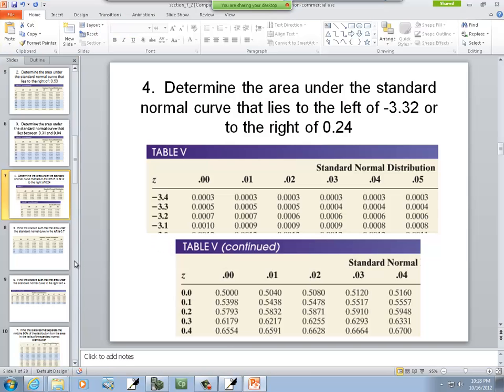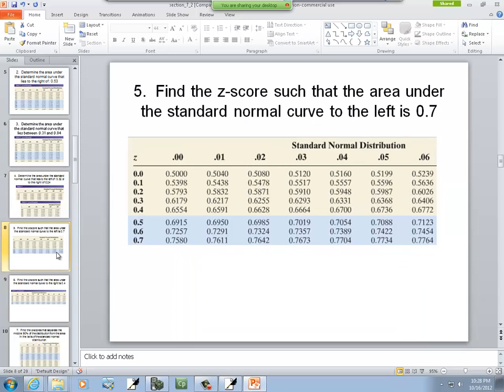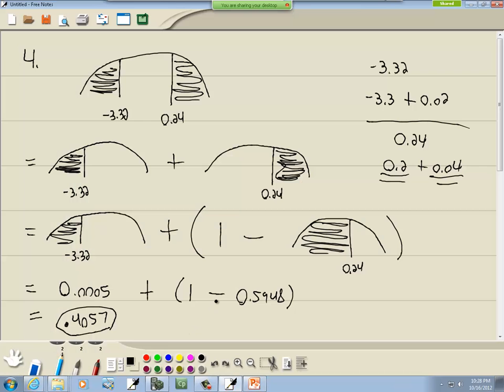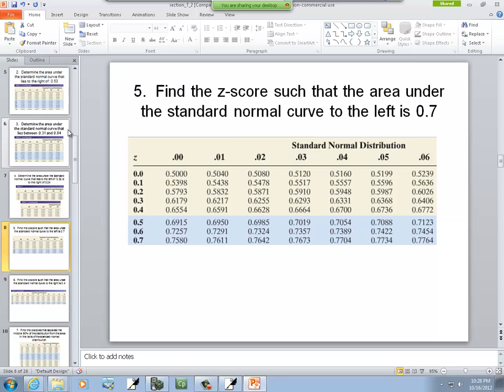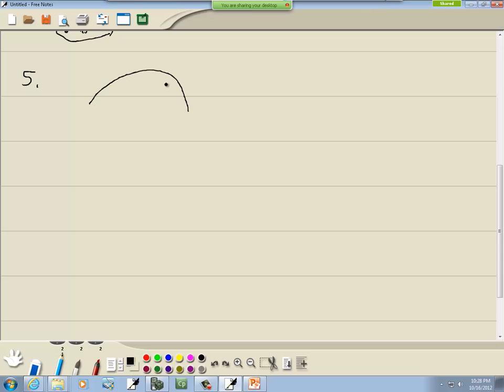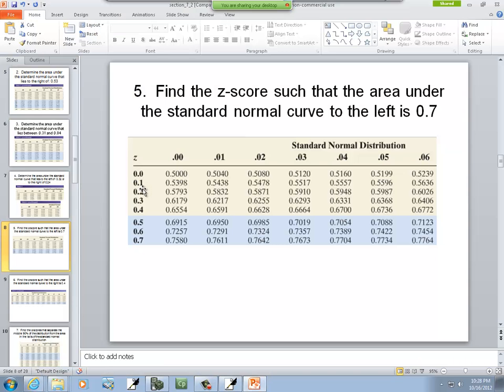So, number 5. This says find a z-score such that the area under the standard normal curve to the left is 0.7. So they're telling us that the area to the left is 0.7, and they're wanting to know what this z-score is right here.